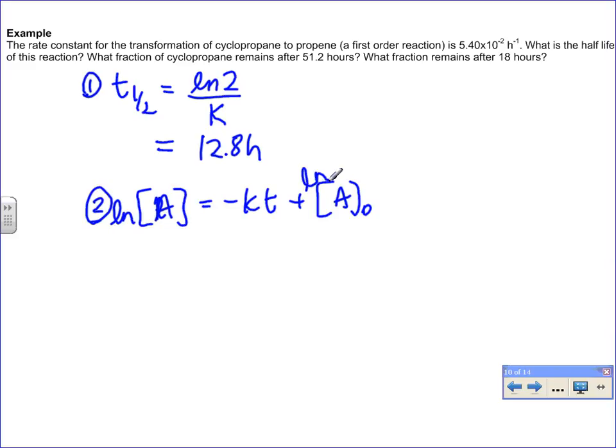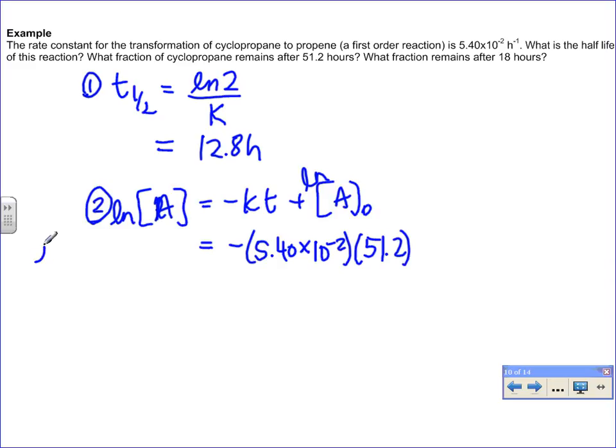We know the rate constant here, and we know the amount of time that's passed. And what we want is the fraction of cyclopropane that remains. So really what we're looking for is the relationship between the concentration of A and the concentration of A naught.